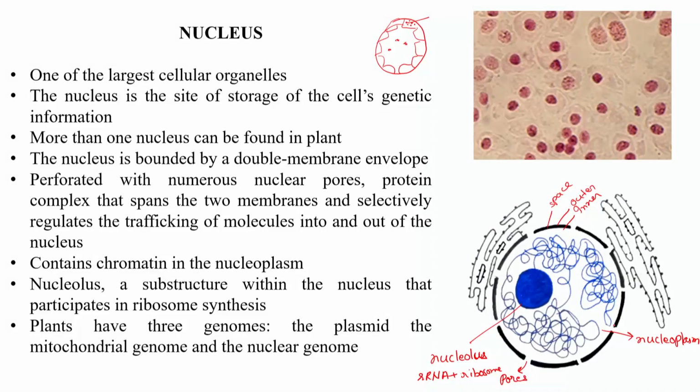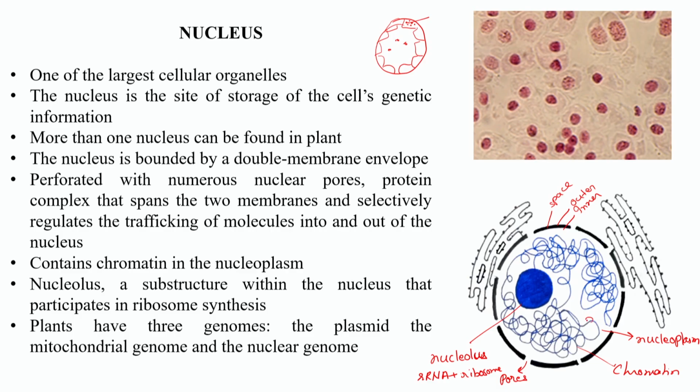Along with that, you can see a lot of thread-like structures. Basically in the interphase nucleus, these thread-like structures are known as chromatin, and they are actually DNA bound with protein.